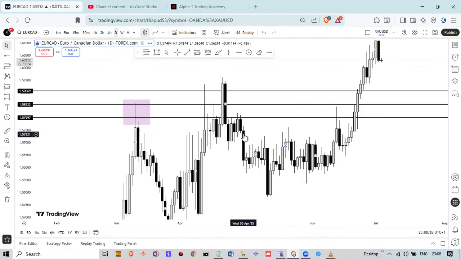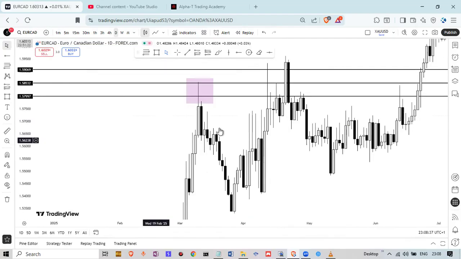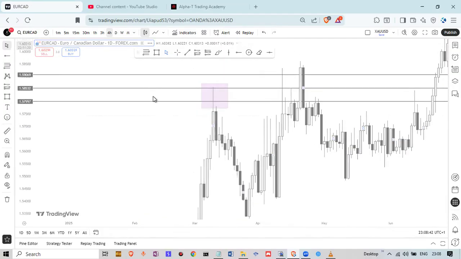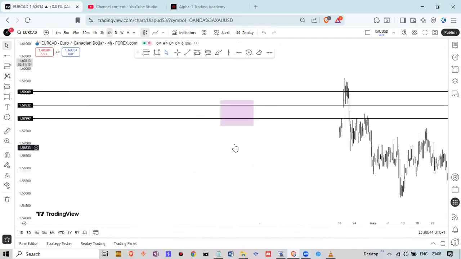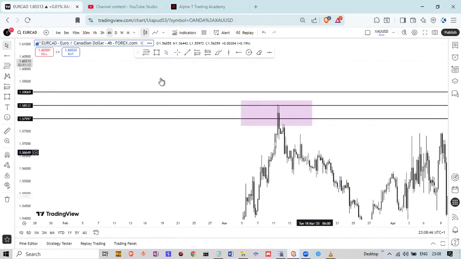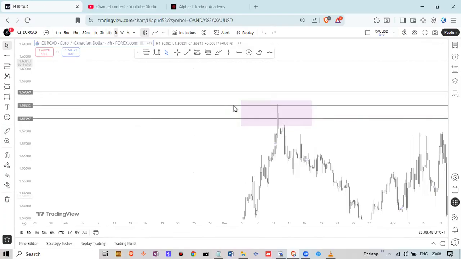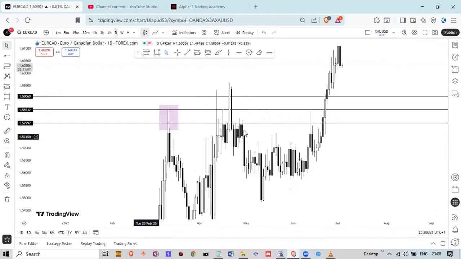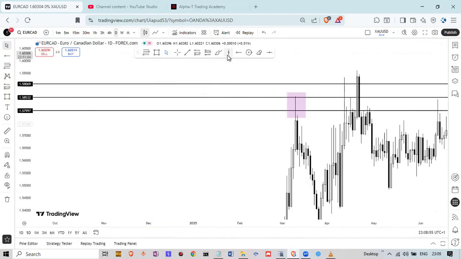So I would go down to my lower time frame to look for a breakout. It's that simple. A breakout. To make it easier, you could just put a line on that level there.